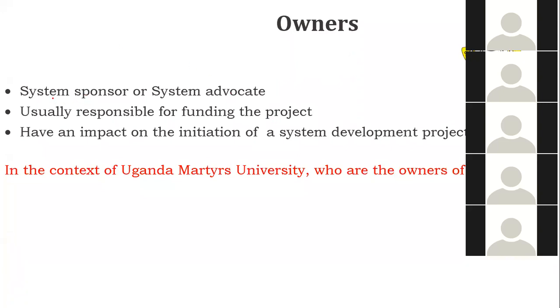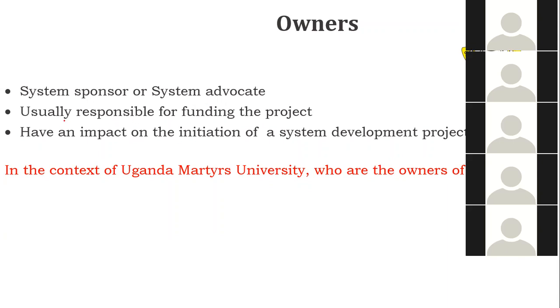So in ownership, we are basically looking at who is sponsoring, who is the system advocate. Even if you have a system that is owned by a third party, still at the organization, any organization, there must be an advocate, somebody who speaks for the system.